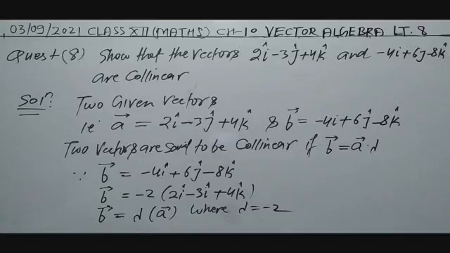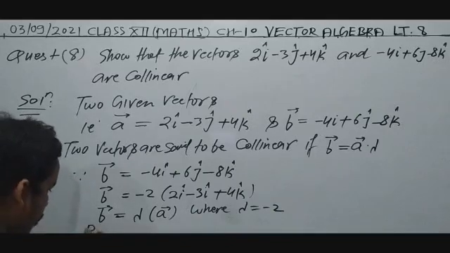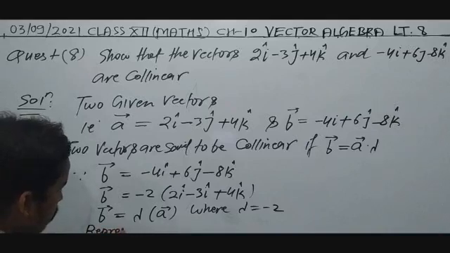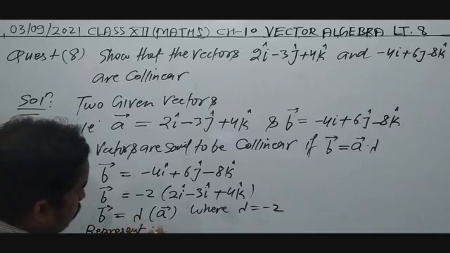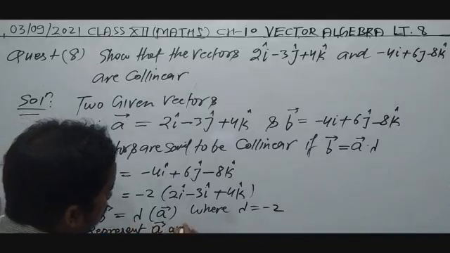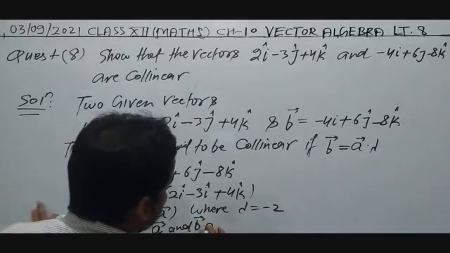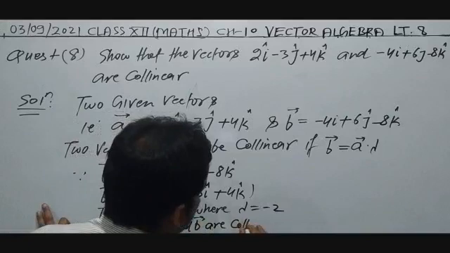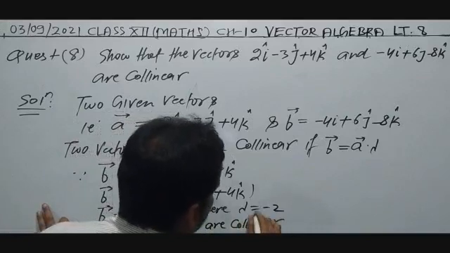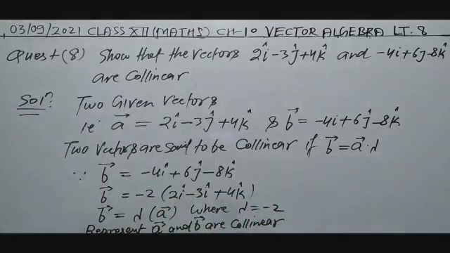This represents vector A and vector B are collinear. Now this topic is totally completed.